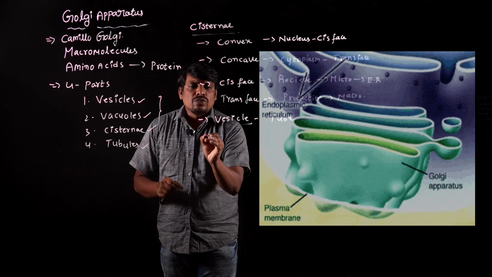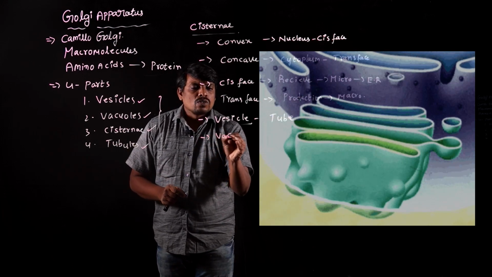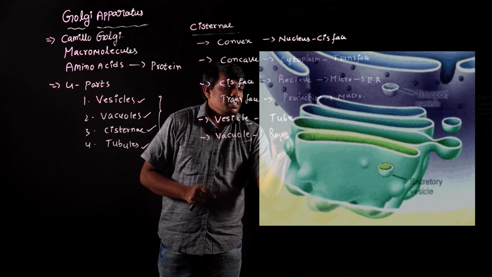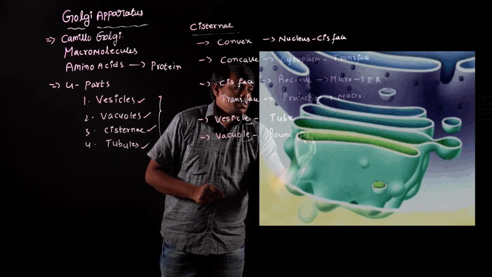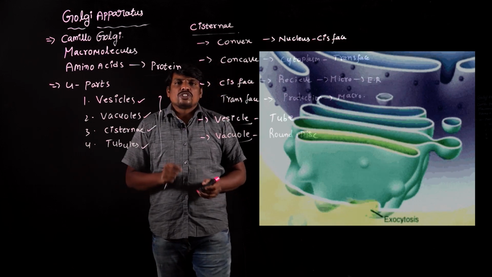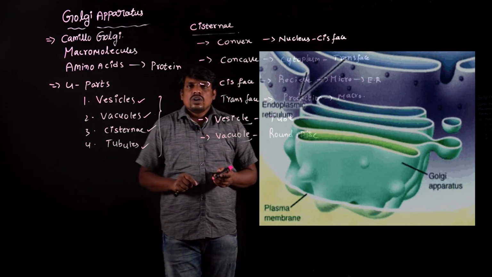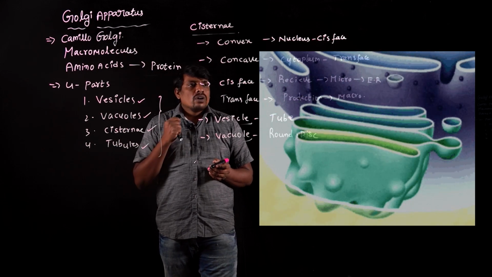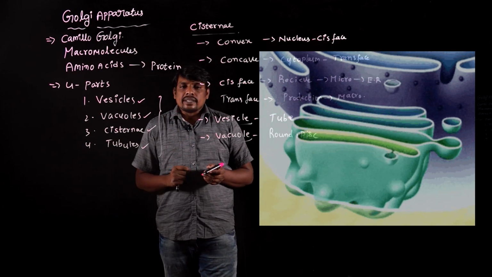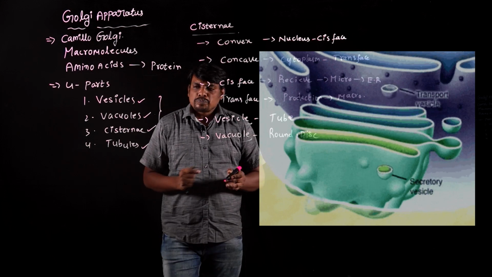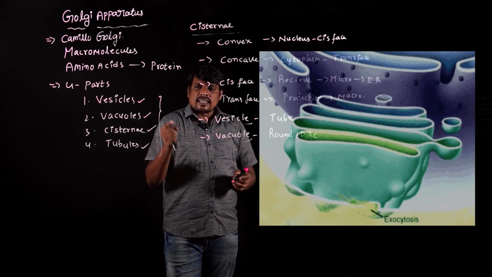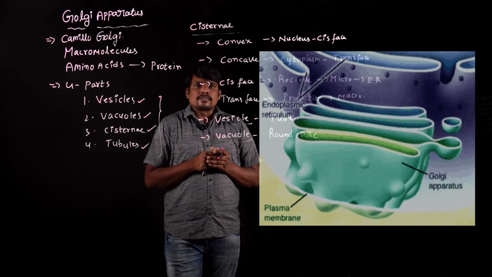Whereas the vacuoles, how do these vacuoles look? As you know, these are round or disc-shaped structures. The round and disc-shaped structures are called vacuoles, where the mechanism of packing of food materials generally takes place. Finally, you can see the cisternae and tubules as explained.